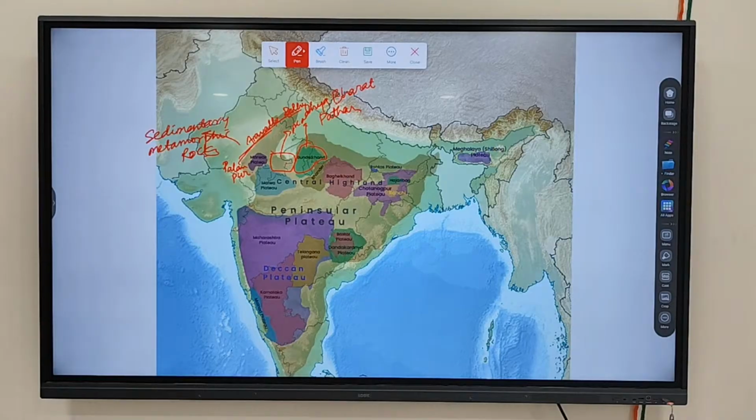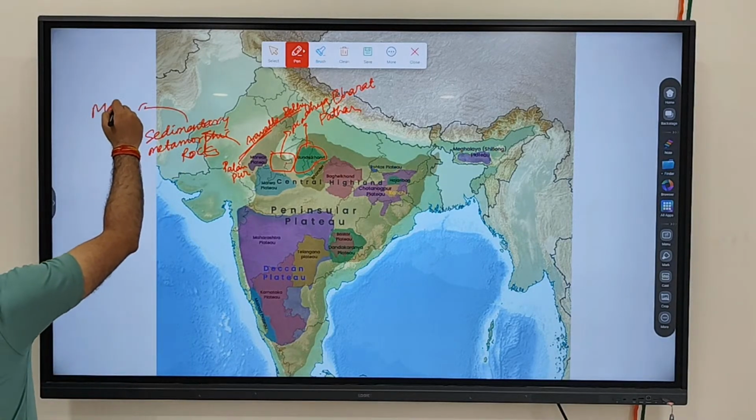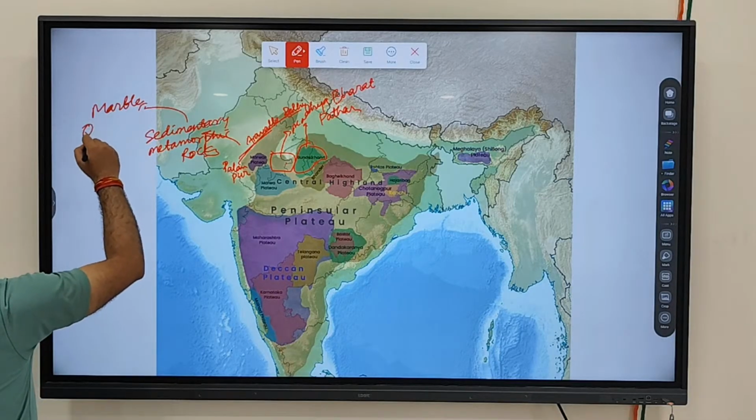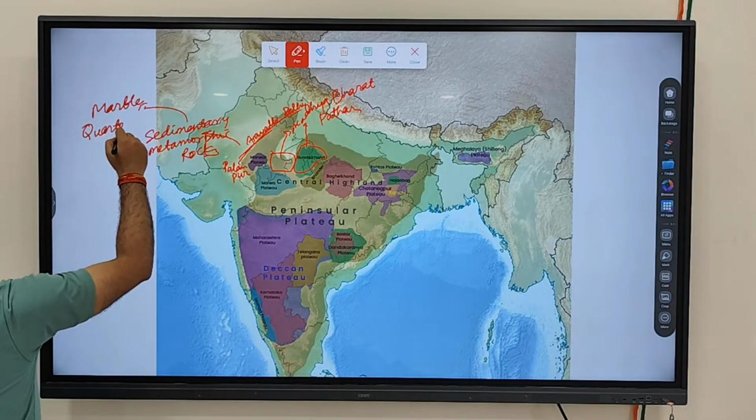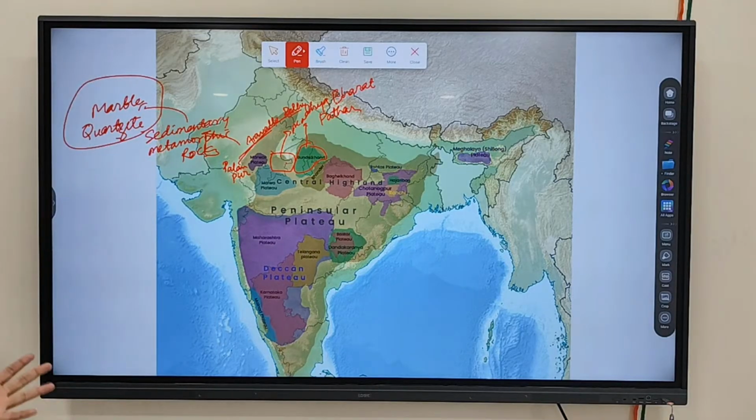Clear? So that's why it is very rich in marble, that is, limestone converting into marble, quartzite. So very rich in marble, quartzites and so on. You are finding the Aravalli being rich in these. From where to where extending? From Palanpur to Delhi.